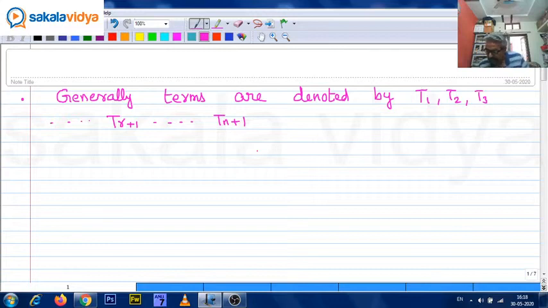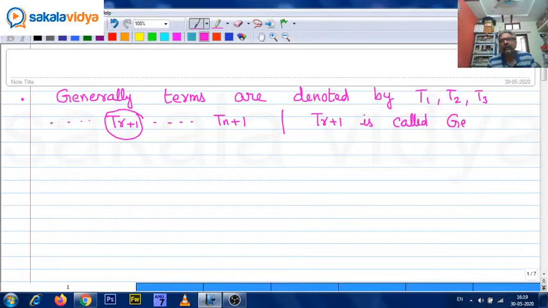Here this T(r+1) is called the general term of the binomial expansion.